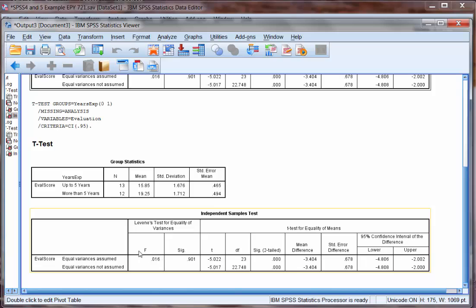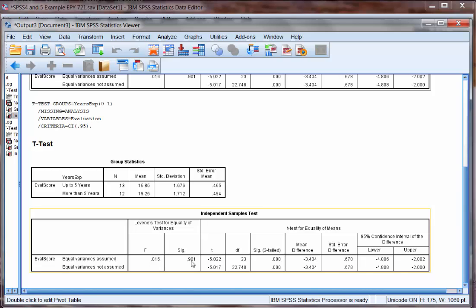This F-score here is your ratio right there, and it's 0.016. That is darn close to 1, which is a good thing. It means that the variances are the same in both my group 1 and my group 2. Look at the significance. It's way, way over a level of 0.05.